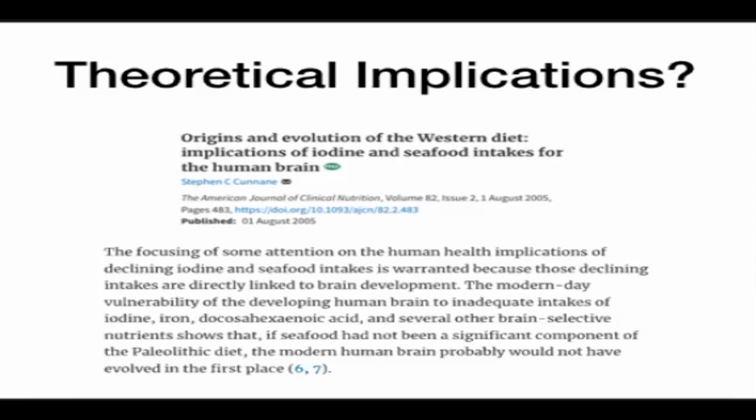Maybe if the iodine was dropped to 60% of what we believed it was, if we had more ability to convert our own DHA, then maybe this hypothesis is less needed. But in order to develop that argument, I would really have to find out all the quantities involved, and I don't think I'm going to knock down Stephen Cunnane's whole body of work, which I think is amazing.